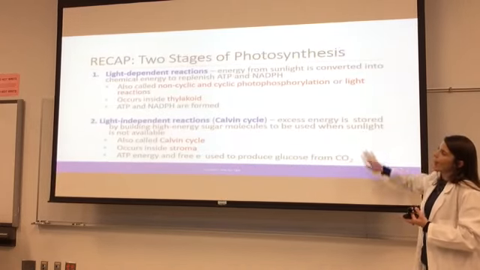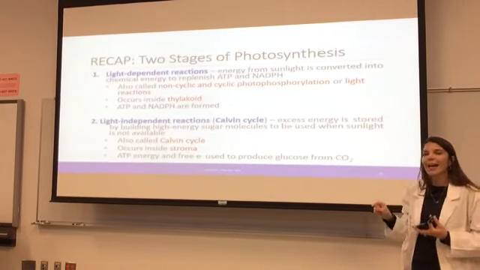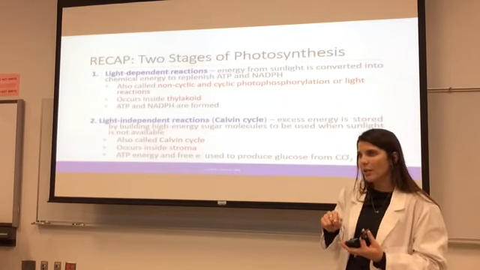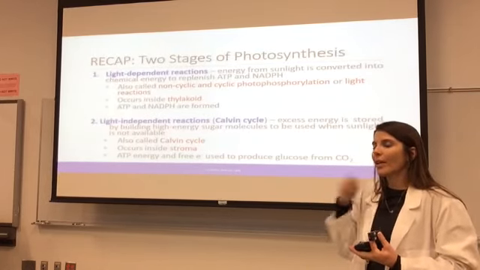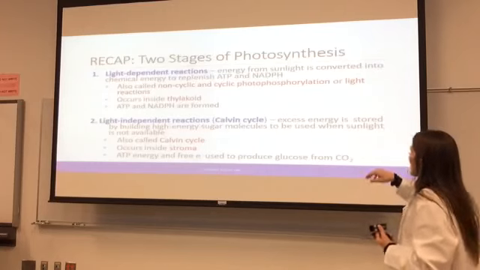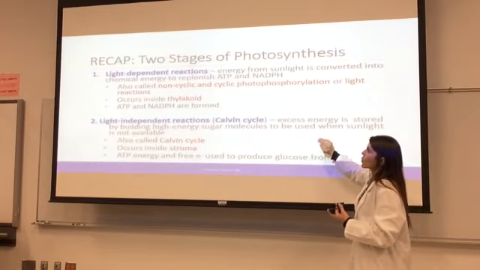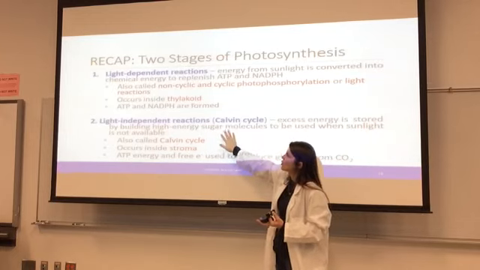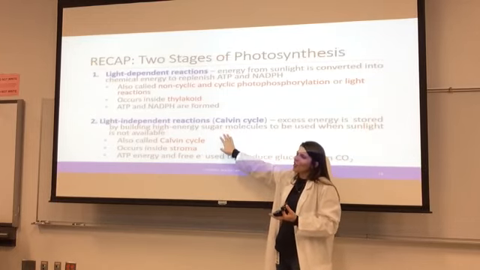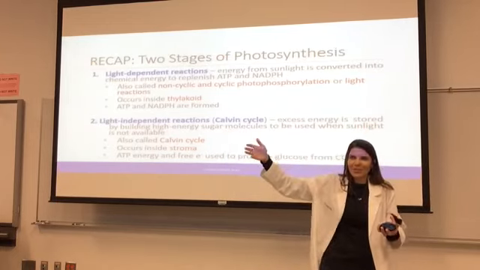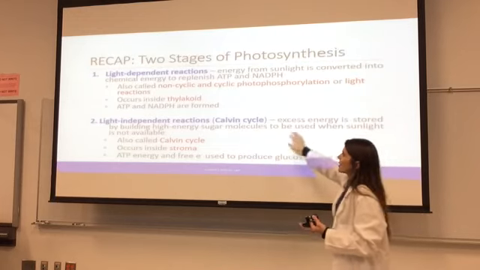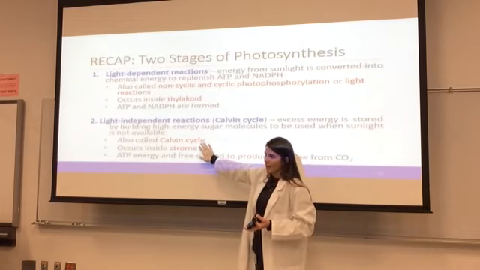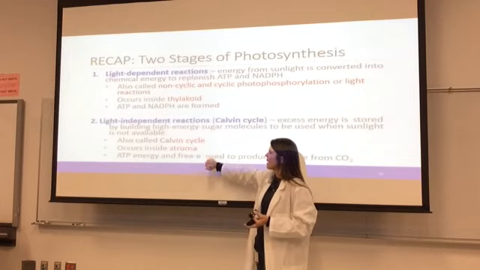The second set of reactions for photosynthesis are called the light-independent reactions, or the Calvin cycle, with a capital C. What happens here is we take that excess energy and we build high-energy sugar. What's a high-energy sugar? Glucose. These reactions are also called the Calvin cycle. I've already mentioned that, named after the scientist.